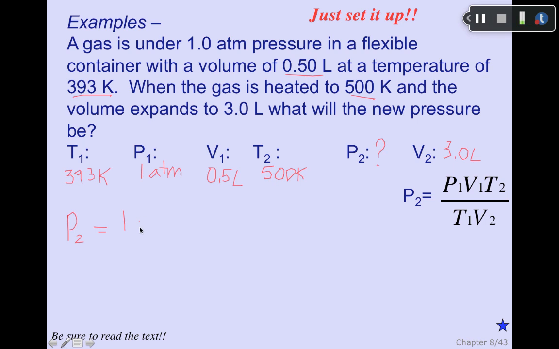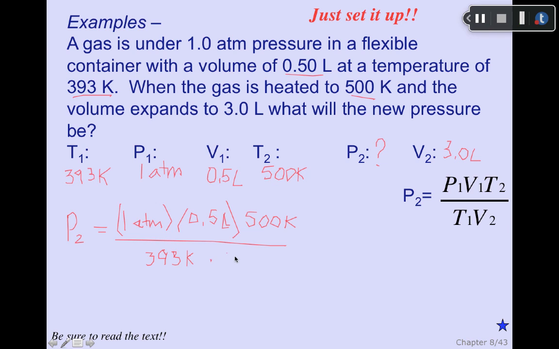Pressure 2 then will be related to pressure 1 at 1 atmosphere, multiplied times volume 1, ½ liter, and it's supposed to look like an L, sorry, and multiply that times temperature 2, 500 Kelvin, and then we'll divide it by the other remaining portions. So we'll divide by temperature 1, which was 393 Kelvin, and then times volume 2, and volume 2 was 3 liters.